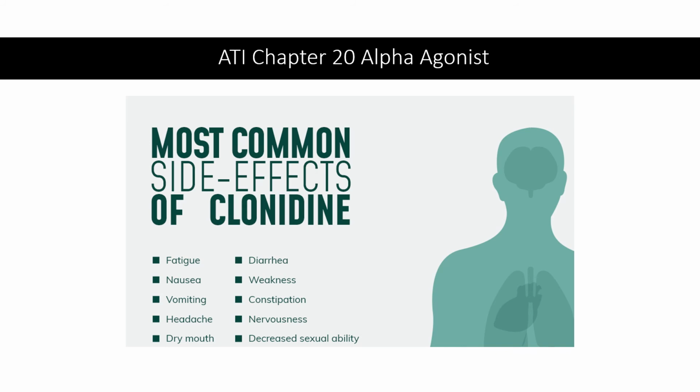And we have much more effective blood pressure medications. And I'll get to some other reasons why we use it, but it's not an overly safe medication. So in general, you won't see clonidine very often being prescribed.